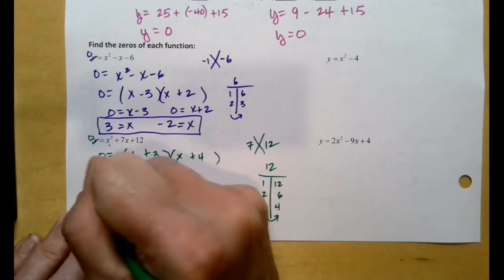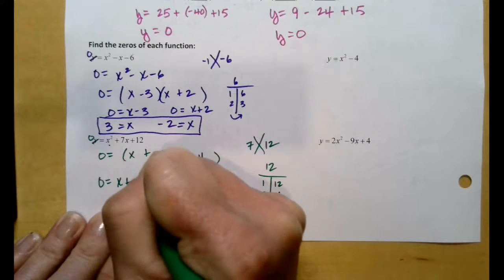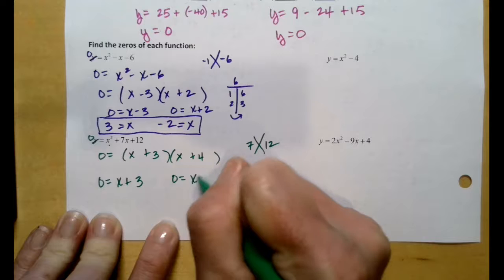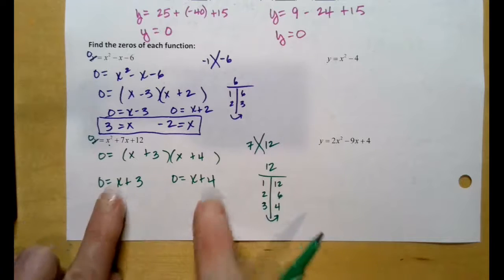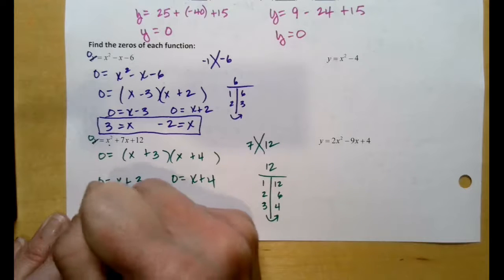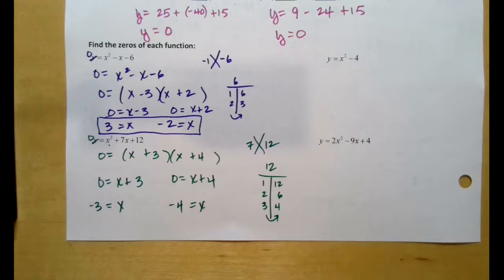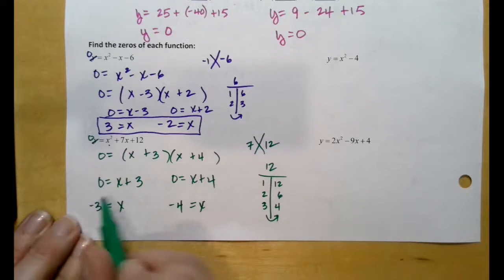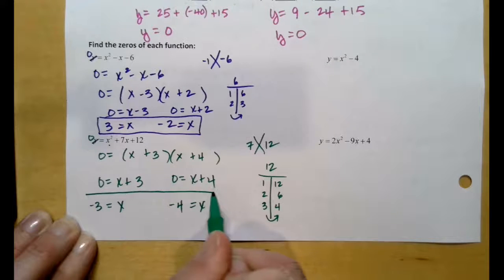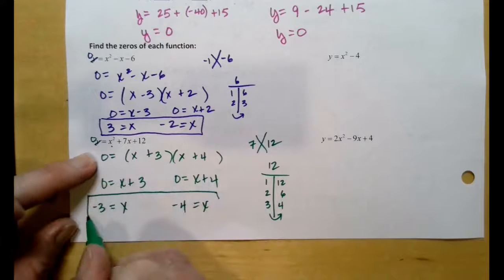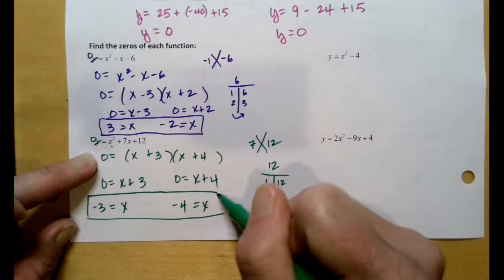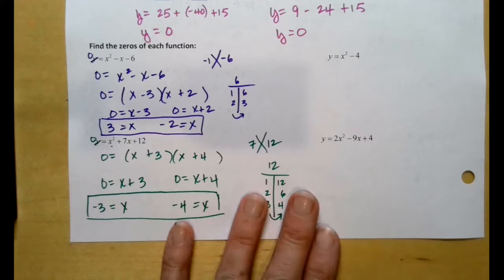I'm not done, because what I now have to do is solve for x. And this is the only new part. That's the only new part. X is equal to negative 3, and x is equal to negative 4. Those are my answers. Somebody says, hey, where does this graph cross the x-axis? Here you go. At x is equal to negative 3, and x is equal to negative 4.